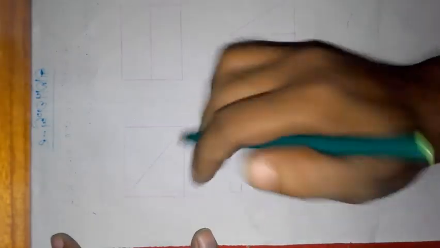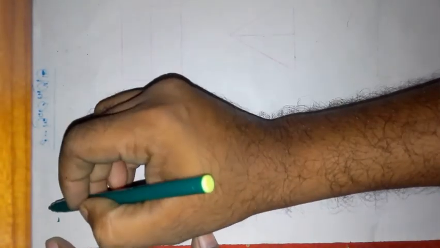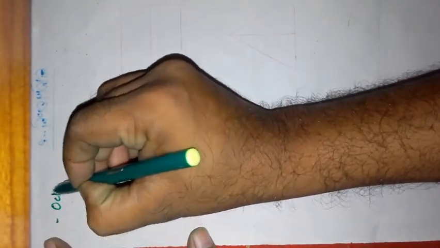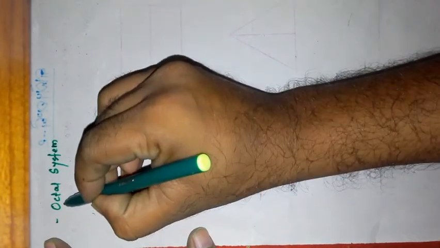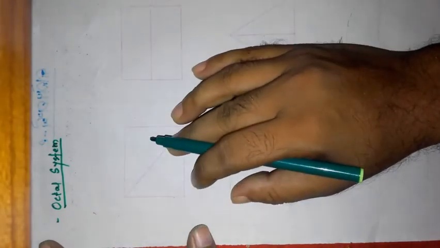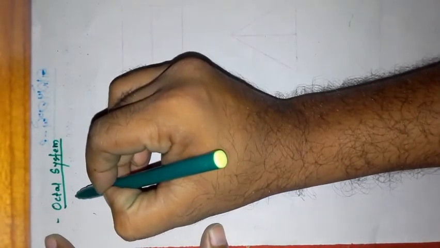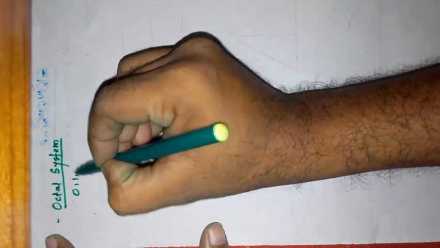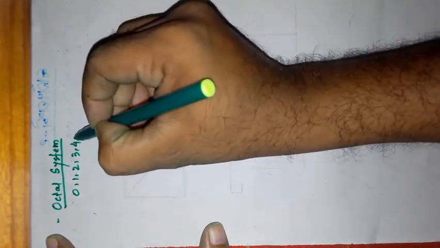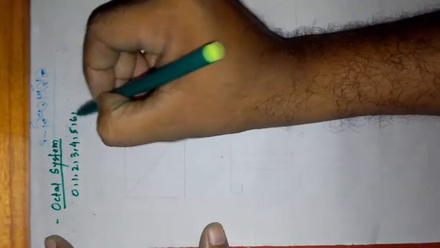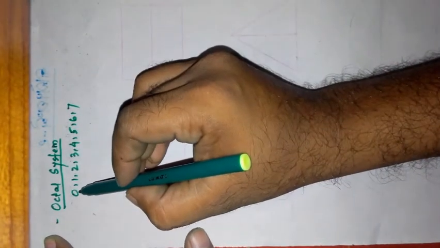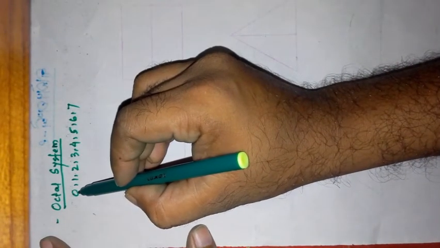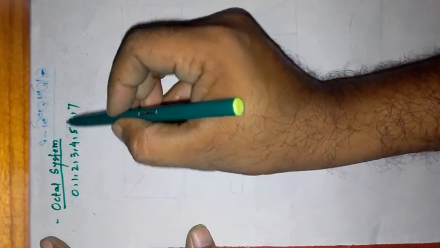Now let us study what is octal system. The octal system consists of the numbers 0, 1, 2, 3, 4, 5, 6, then 7. So count how many digits are there: 1, 2, 3, 4, 5, 6, 7, 8.